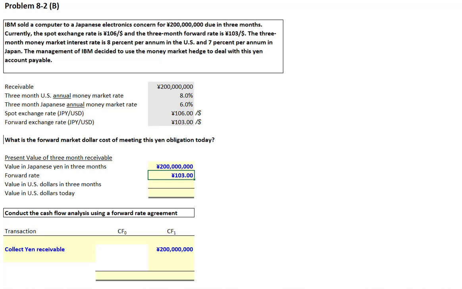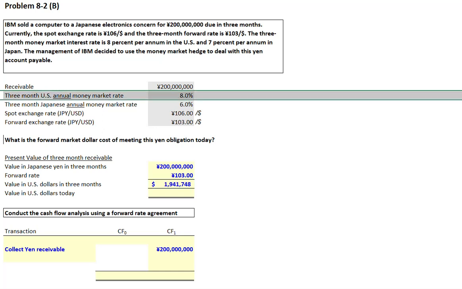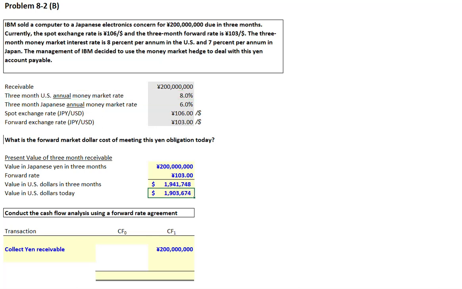So the amount of US dollars we'll receive in 3 months is 1,941,000 US dollars. We need to find the present value of that by discounting it back at 8% interest for 3 months, and we find the present value of that is $1,903,674 today. So that's how much money we want to lock in at time zero.